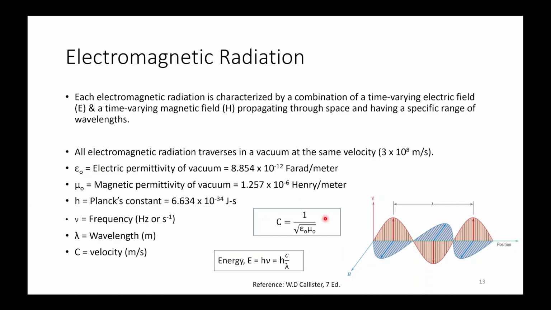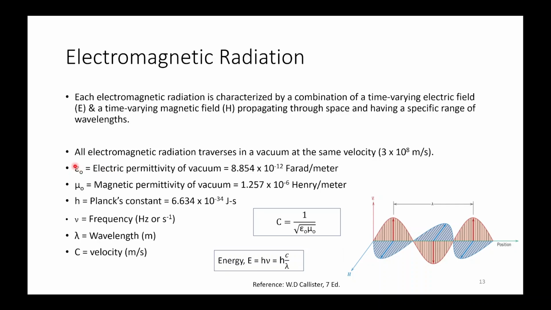Now these are the formulas that you should remember. Energy E is equal to h times nu, or E equal to hc upon lambda. Here c is equal to 1 upon under root epsilon 0 mu 0.